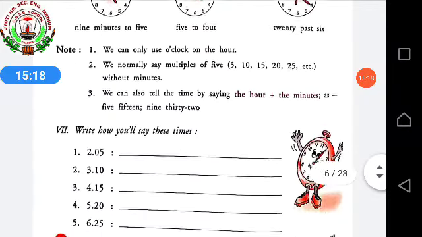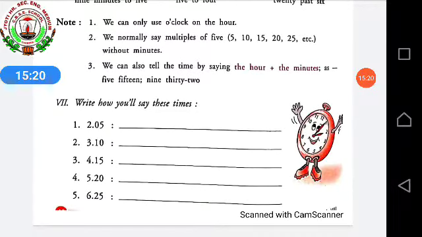So let's see. Write how you will say these times. 2:05, what will you say?